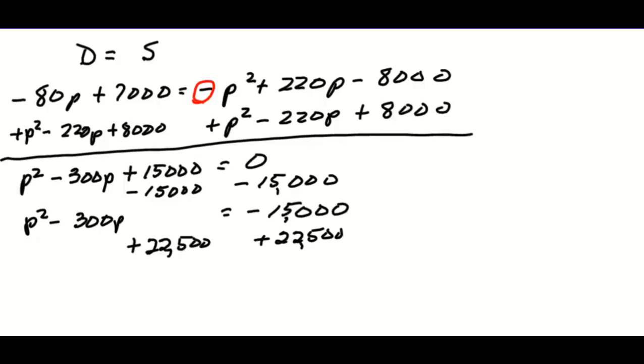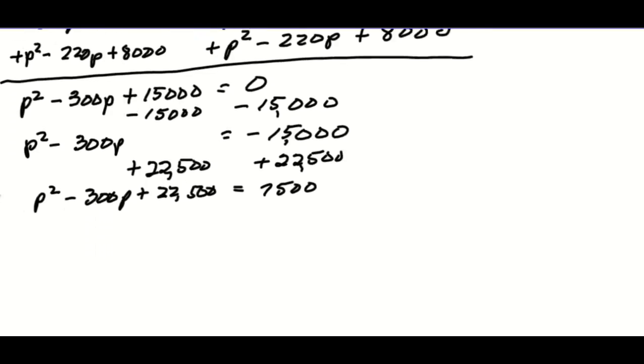I forgot my commas in there. What we get now is p squared minus 300p plus 22,500 equals, what we have now is 7,500. It's nice that that's positive.